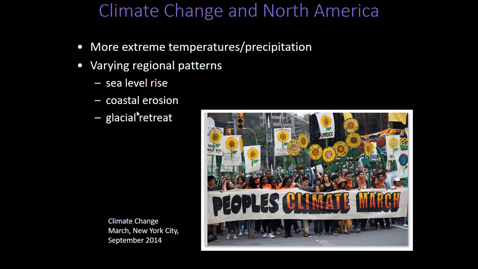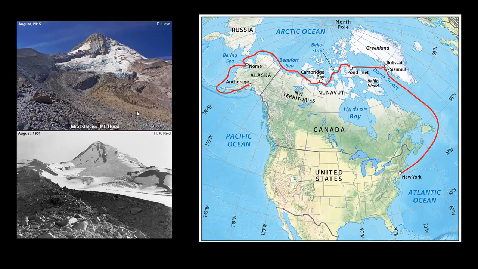We'll also see coral bleaching. We'll also see increased rainfall. There's a lot of potential factors that we'll see here that might not be directly related to climate per se, but indirectly related. Coastal erosion is another factor that we'll see here. Glacial retreat, obviously not something we'll see here. But there's a lot of factors that are happening all throughout the country.